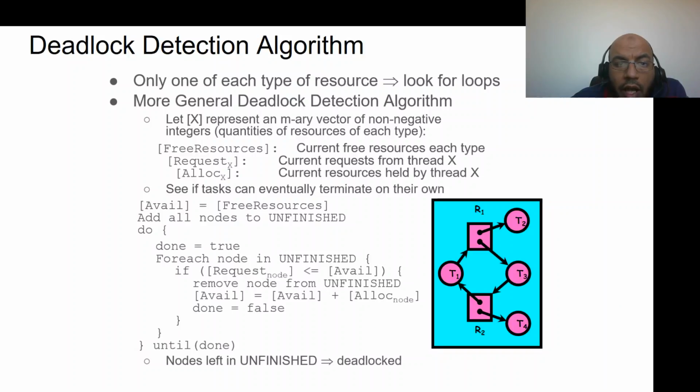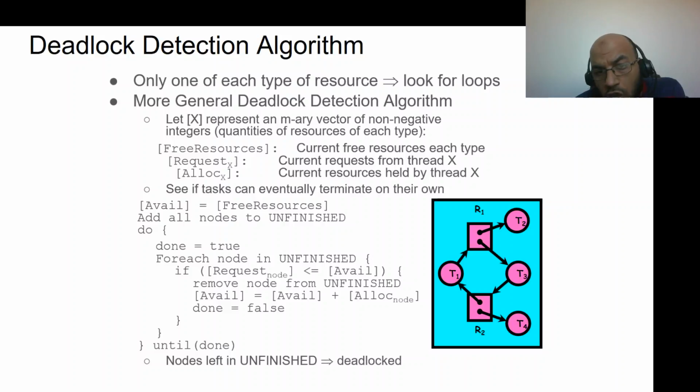Okay, and then your available resources is equal to the number of free resources. You add all the different nodes to unfinished and check if any of the nodes, or all of the nodes, will eventually finish. So you do an iteration for each node that is in unfinished, checking if requests are less than what is available.